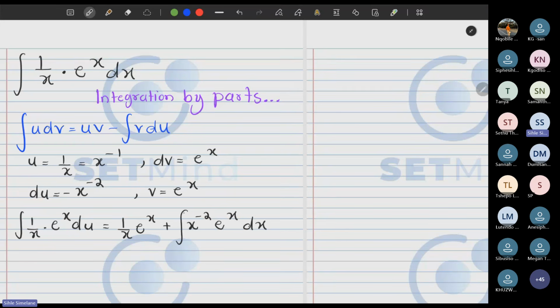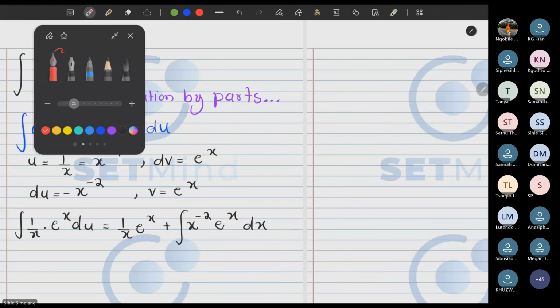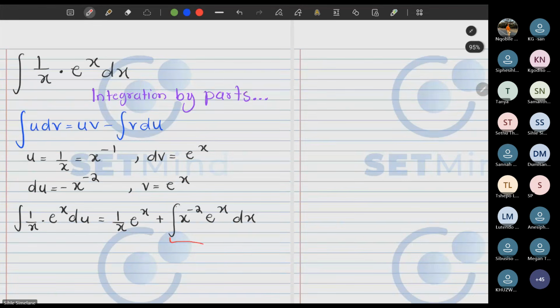Now I need to choose again, guys. What should I choose as my u and what should I choose as our dv? Anyone? So even here, we need to choose u and dv. So I need you guys to think carefully.